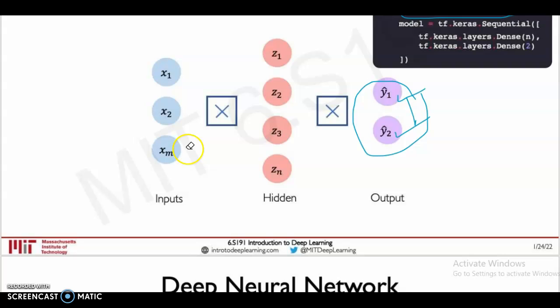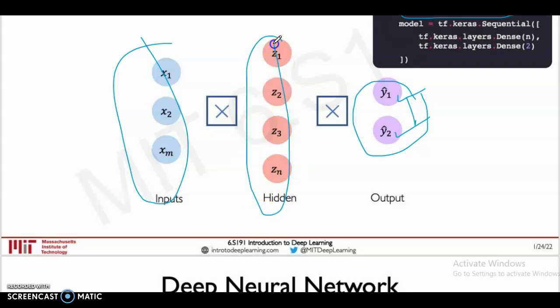x1, x2, xm are our inputs here. Multiplied by weights, we get Z1, Z2, the hidden layers. That is the sense. Dense sequential: how many?